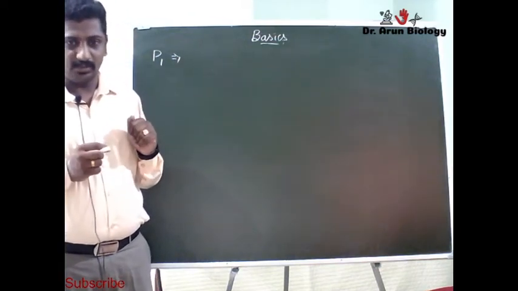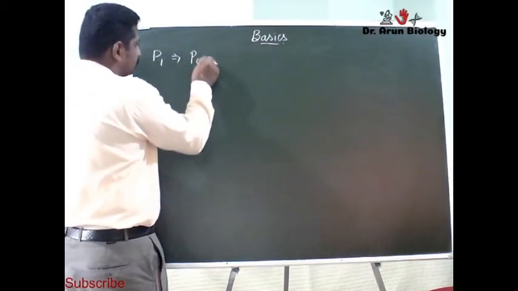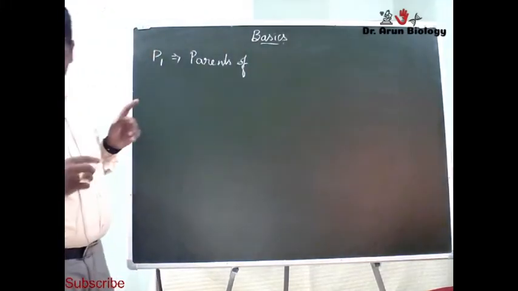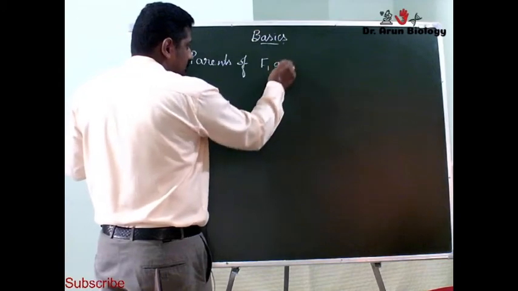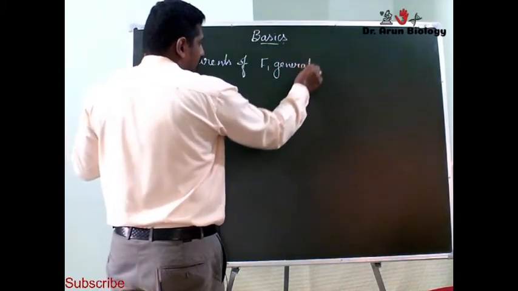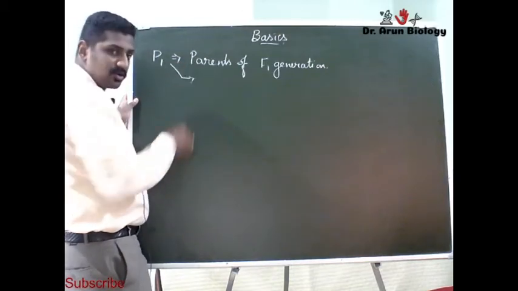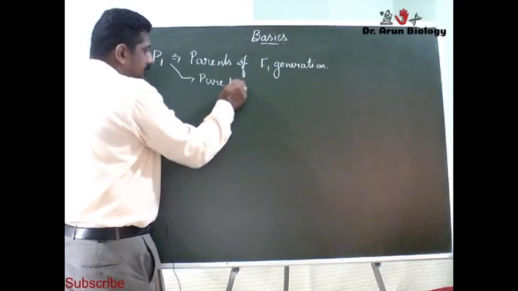That is very important. P1 stands for parents of F1 generation. What should be the character of the parent? They must be pure breeding.